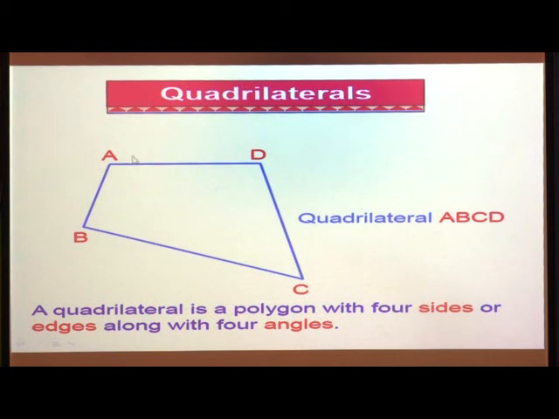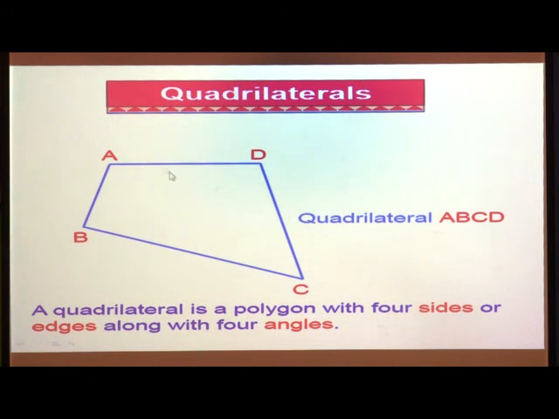Let us see about quadrilaterals. Now, you can see here a figure which has 4 line segments. A quadrilateral is a polygon with 4 sides or edges along with 4 angles. Edges mean the corners.